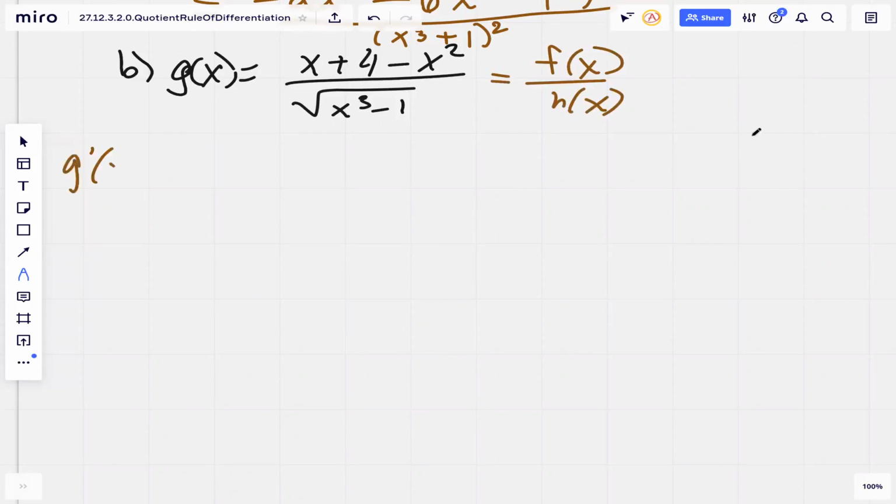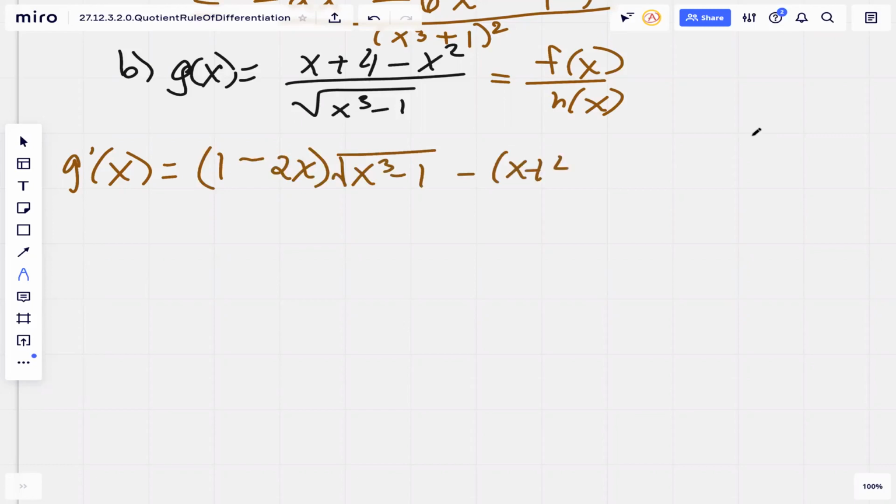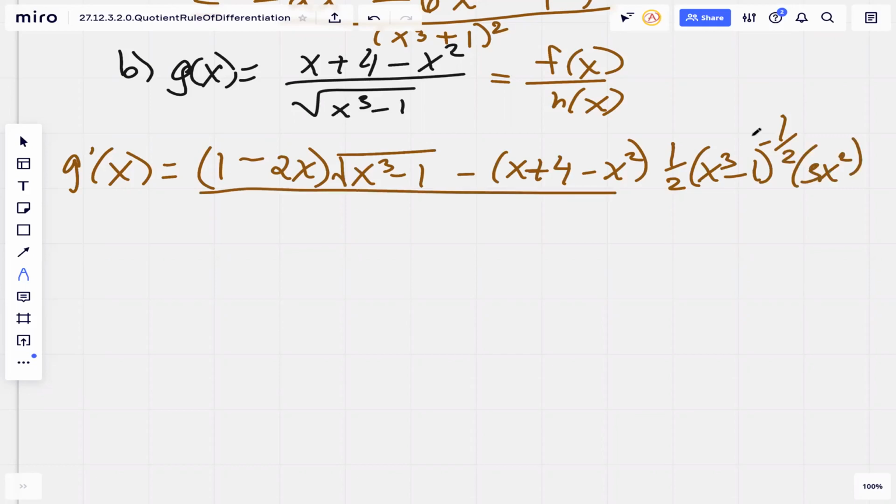So g prime equals the derivative of the top function, 1 minus 2x, times the bottom function, the denominator, minus the numerator times the derivative of the denominator, so a half times x cubed minus 1 to the negative half, times 3x squared, all over the square of the denominator. When you take the square of a square root, it disappears. Good. All right, let's leave it at that.